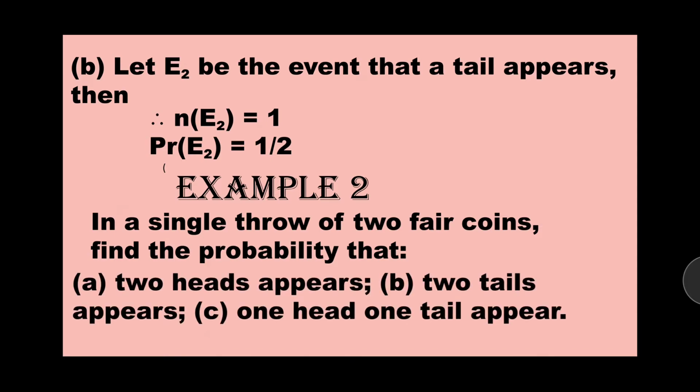So this example 2 is talking about 2 coins, a single throw of 2 fair coins. So the first thing we need to do is get our sample space. Good. Let's look at our sample space.